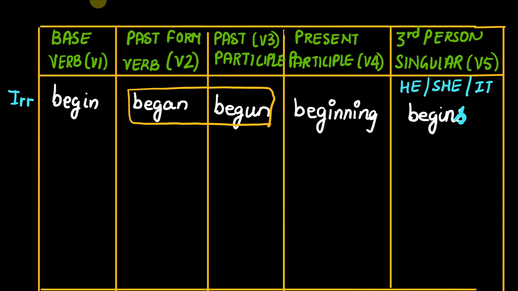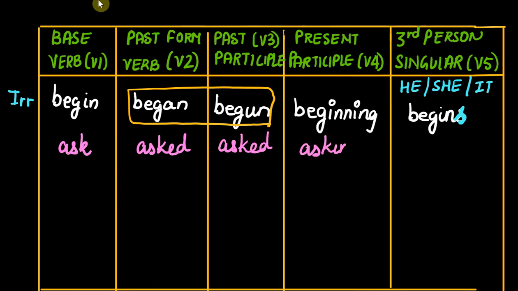Fine, so let us write down the second one. Which one to take? Let's see. Ask. So it will be asked. Participle is also asked, asking, and asks. Okay, he, she, it. This is a regular verb.